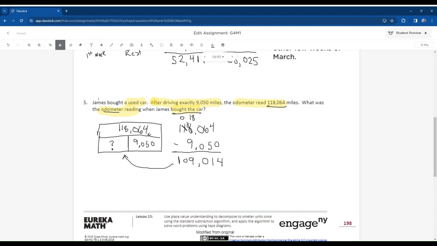and drove an additional 9,050 miles. Again, we'll use addition to check our work. So we'll take our difference that we just found, and what we're doing is we're seeing if this is the right answer. That's really what we're doing here. So 109,014 plus the amount that James drove, which is 9,050. And we should end up with the odometer reading on the car, which is 118,064.